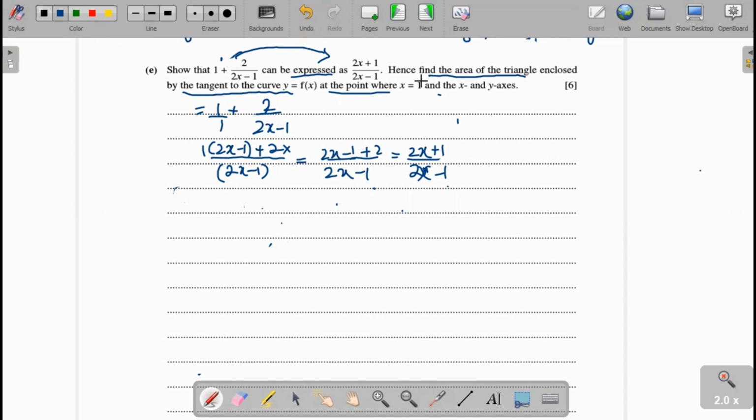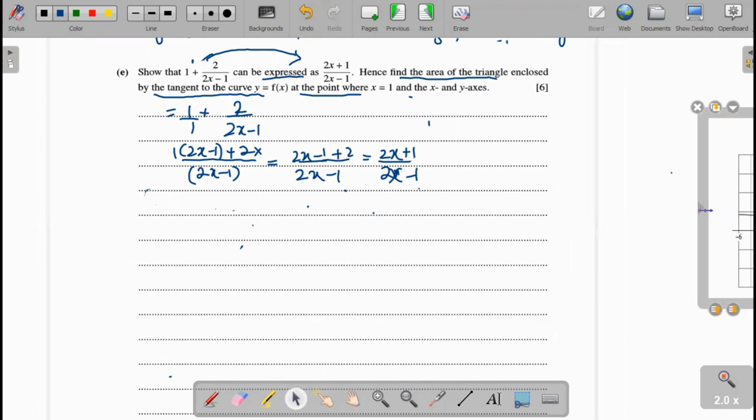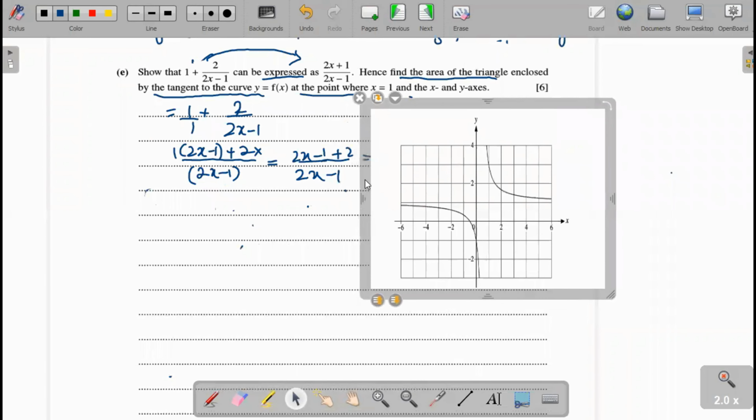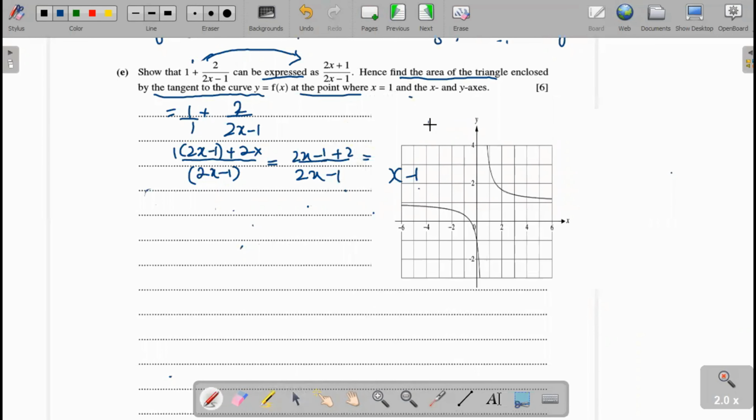Next statement, find the area of the triangle enclosed by the tangent to the curve at the point where x equal to 1, and the x-axis and y-axis. Now here is the curve, and we have to find the area of the triangle enclosed by the tangent line at x equal to 1. Suppose this is the line x equal to 1, and we draw a tangent line.